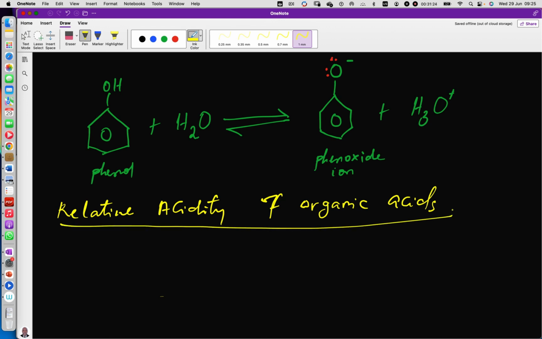Now you will see that I'm taking ethanol as an example. Ethanol, water, phenol, and ethanoic acid.